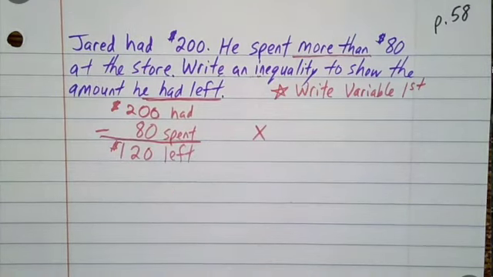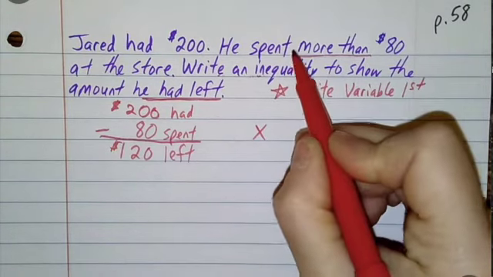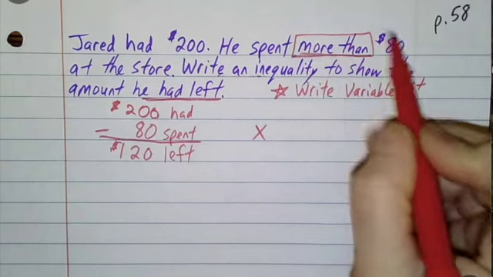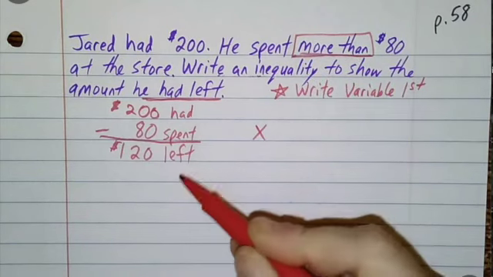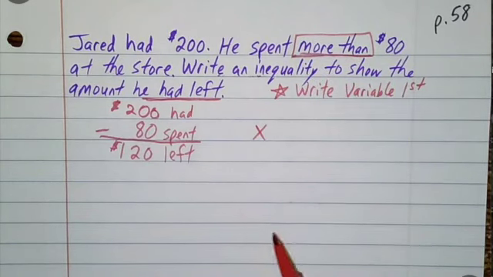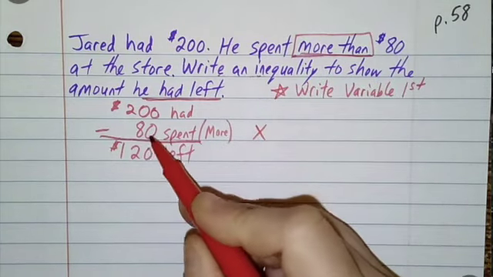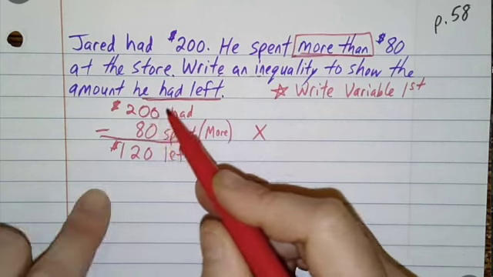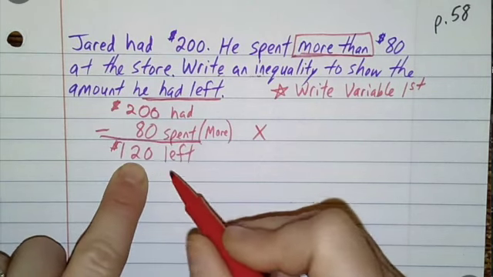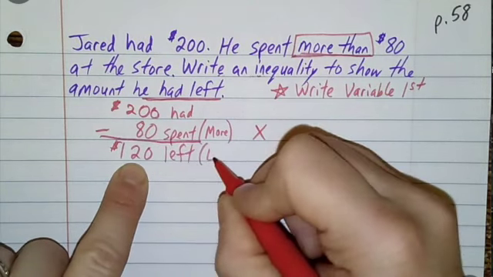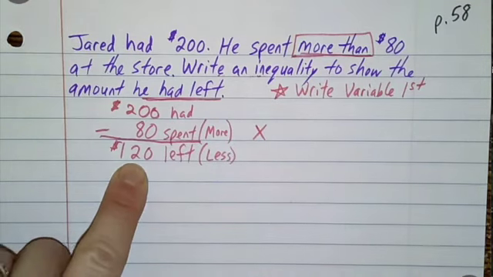But that's not what they say. They don't say he spends exactly 80. They say he spends more than 80. So if he spends more than 80, wouldn't he be left with less money? If he spends 100, then he's not going to have 120 left. So he would be left with less than 120.